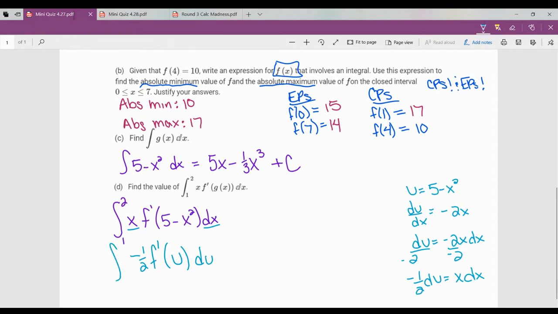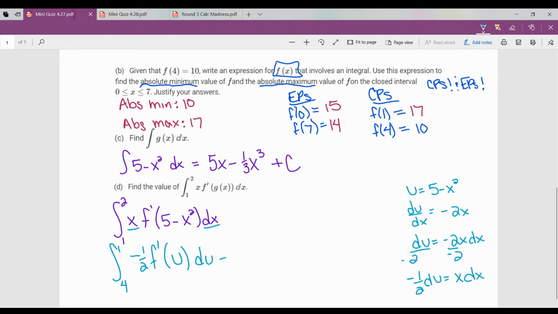And then we do the integral symbol, but I can't use 1 and 2 because 1 and 2 are x values, and now we're on to u's. So I plug in those values over here into my u to figure out what my new bounds are. So 5 minus 1 squared is going to be a lower bound of 4. And then 5 minus 2 squared is going to be an upper bound of 1.